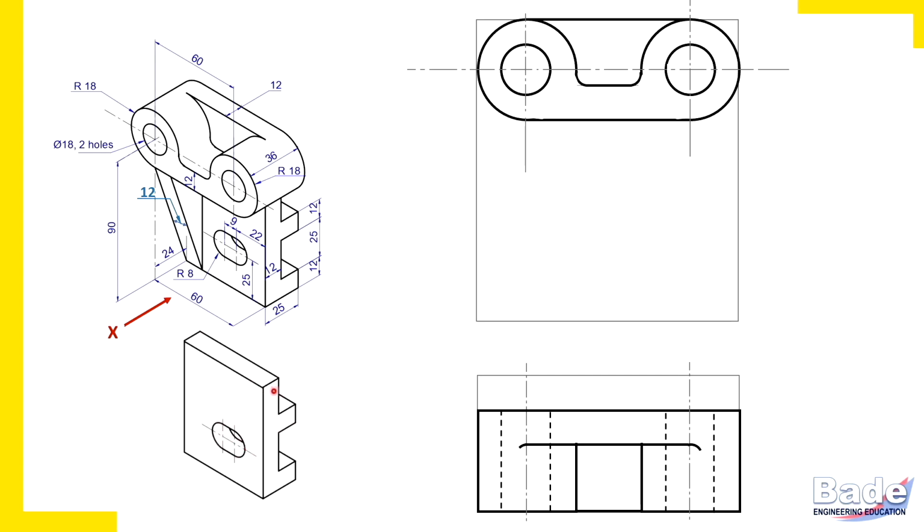Now how to complete the views of this? So this F-like shape, inverted letter F shape, appears in the side view. So in the front view and in the top view, this object appears as a rectangle. So let's complete the front view of this object. Which two dimensions can you see in the front view?